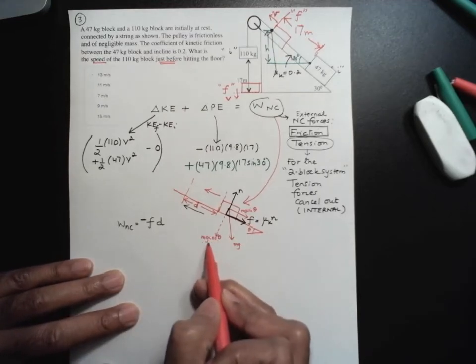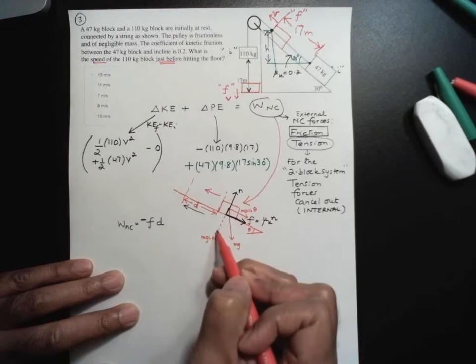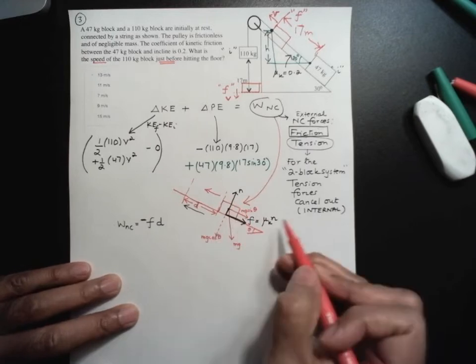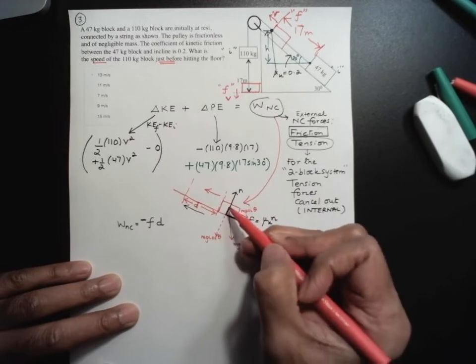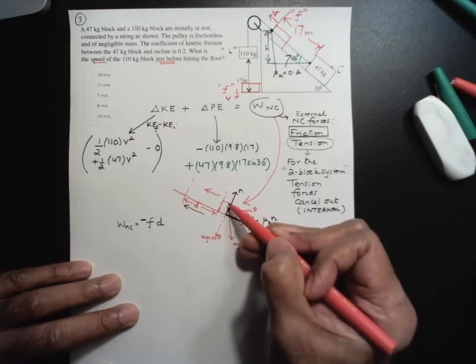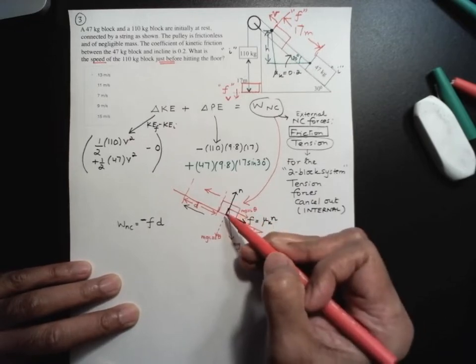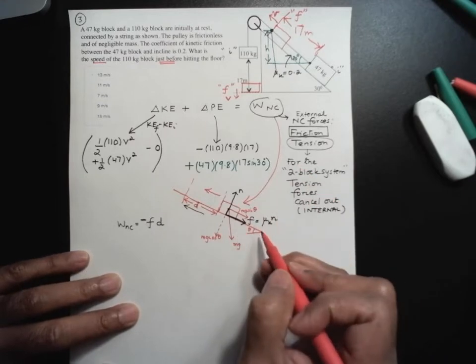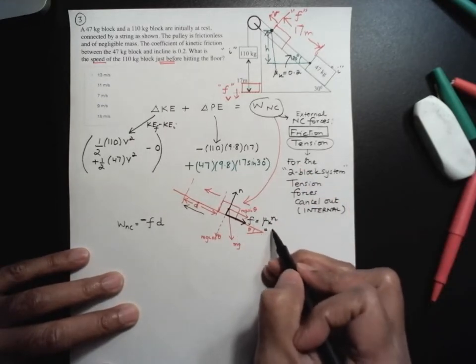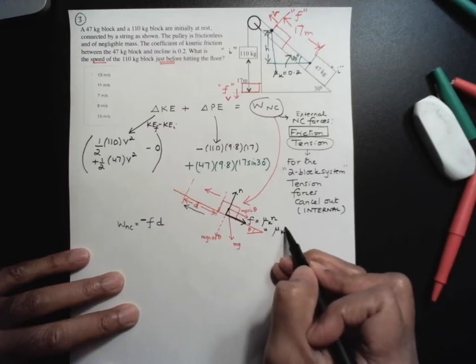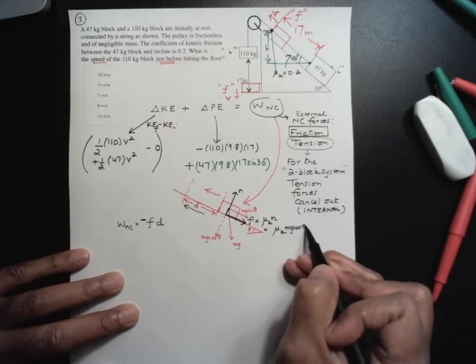And this mg cosine theta is the force with which it presses into the incline. So that's the normal force. The normal force must equal that, right, for the block to not fall into the incline or lift off the incline. So therefore this is mu sub k times mg cosine theta.